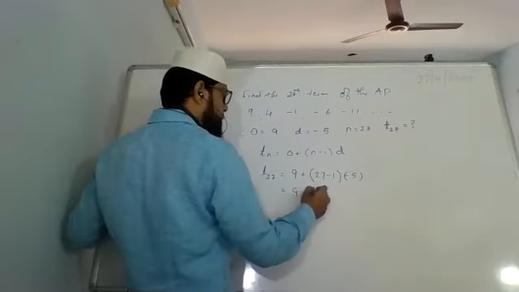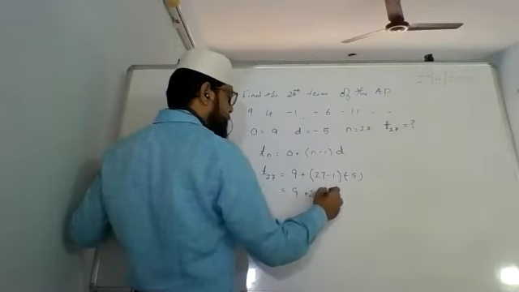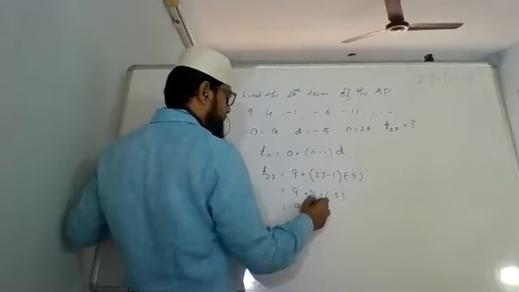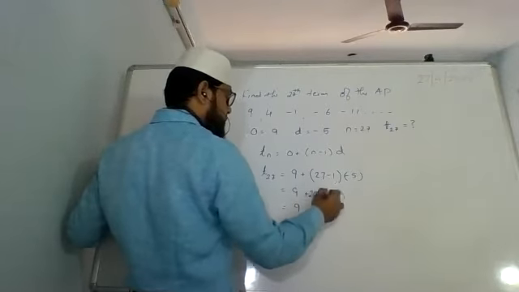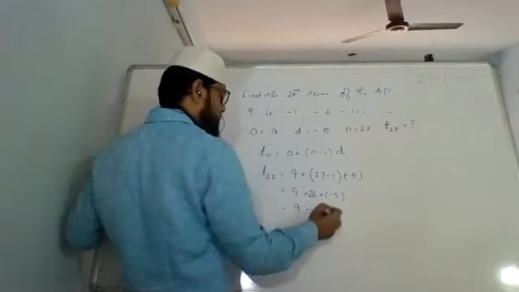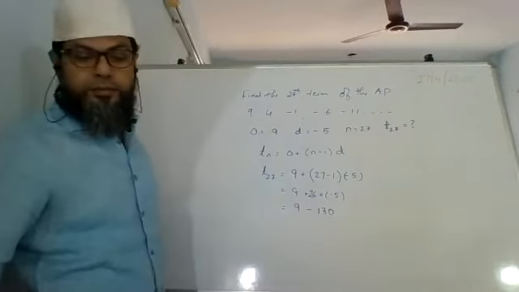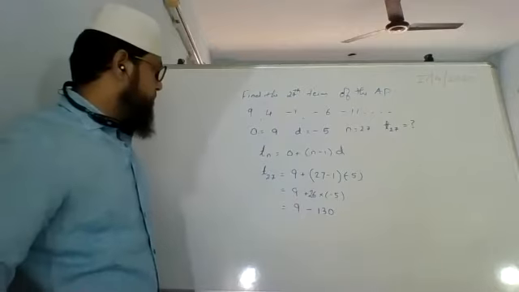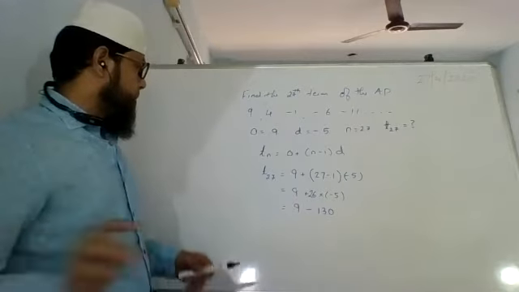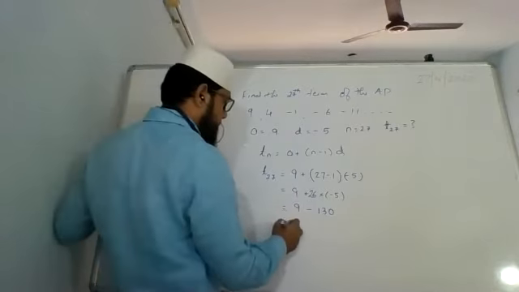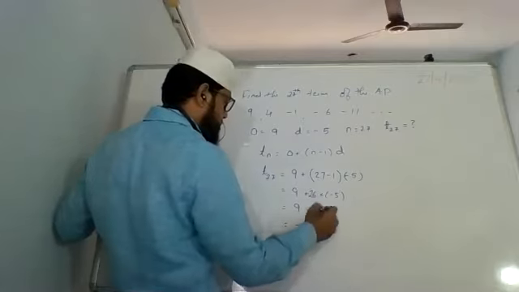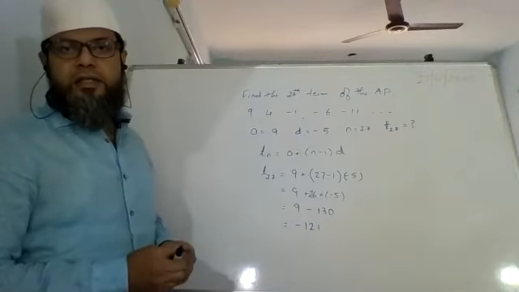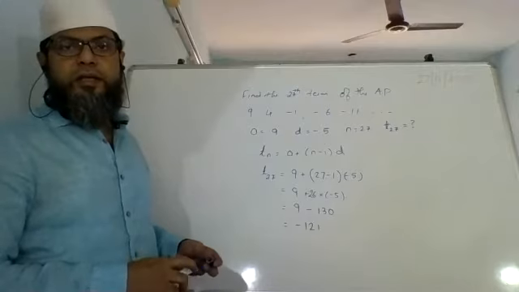So 9 plus 26 into minus 5, that is 9 minus 130, which is minus 121.